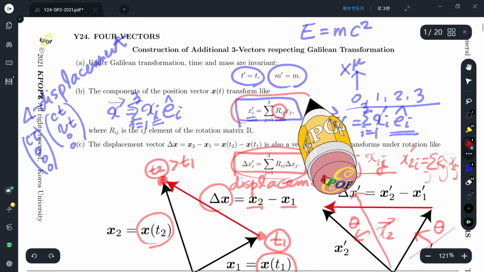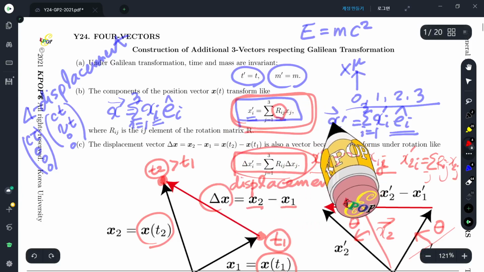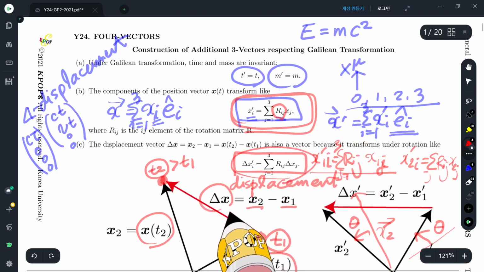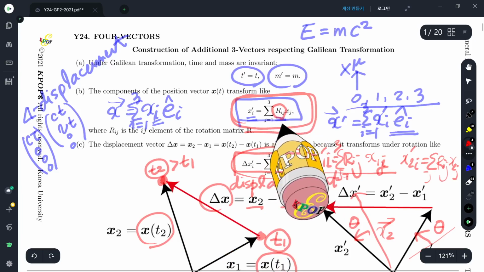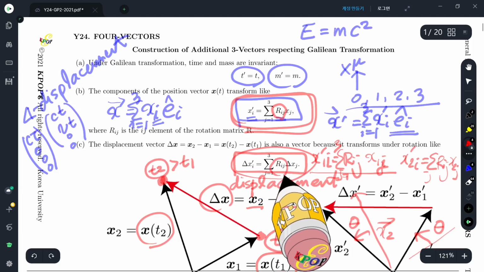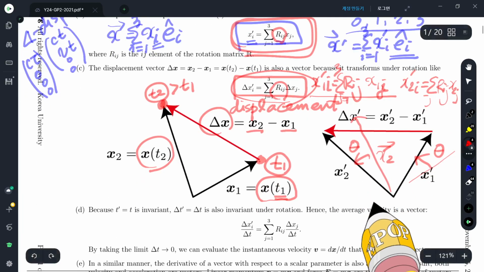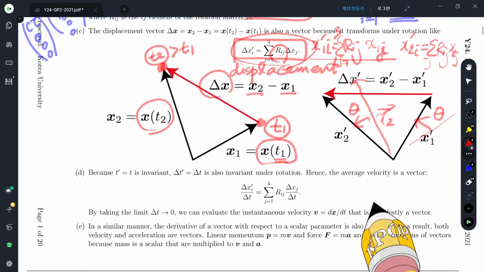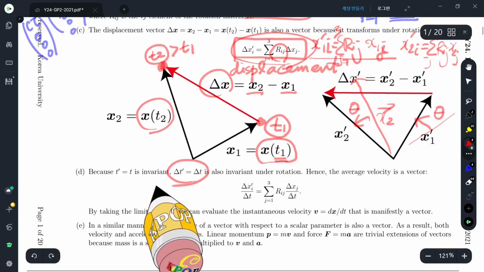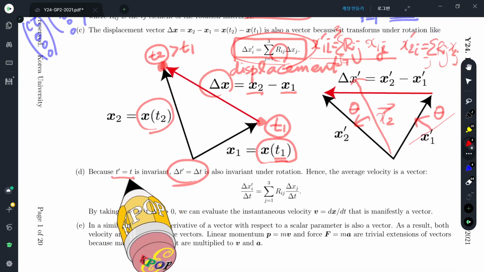So before computing the difference of the two vectors to evaluate the displacement, we have the rule, but this rotational rule is always the same. And then we apply the constraint that t prime equals t for the Galilean transformation.